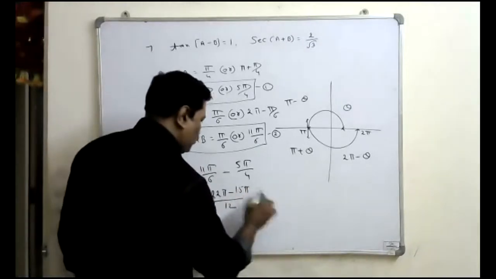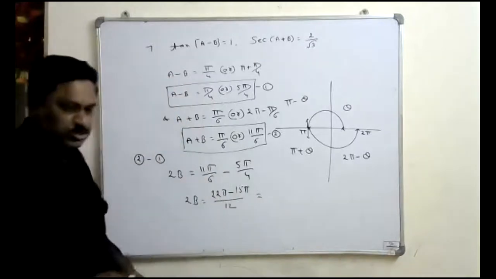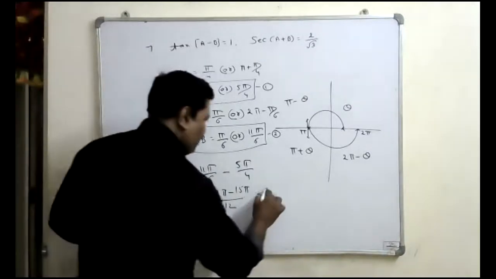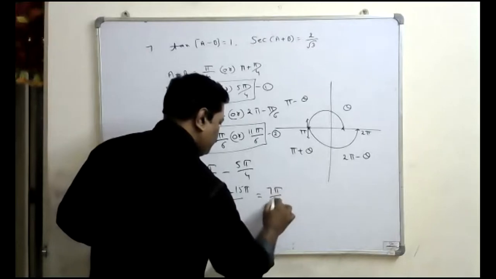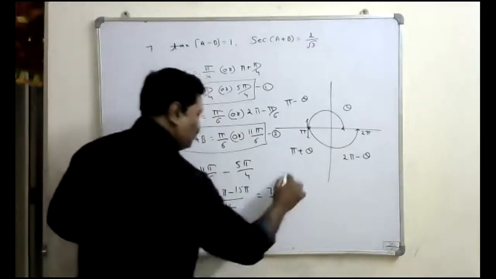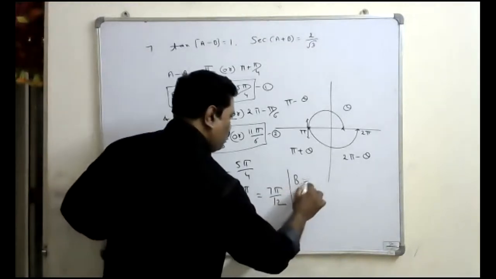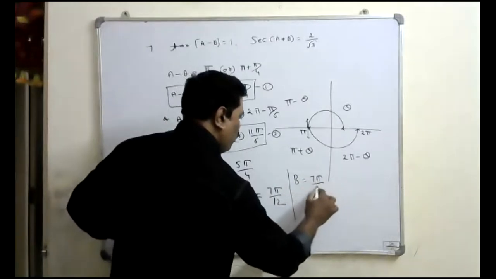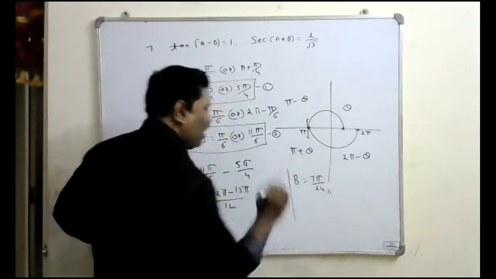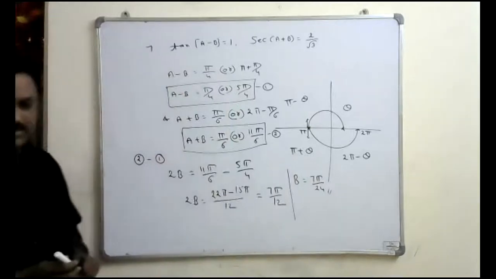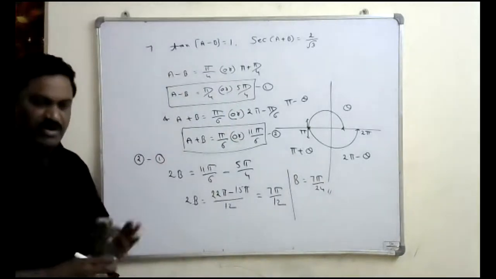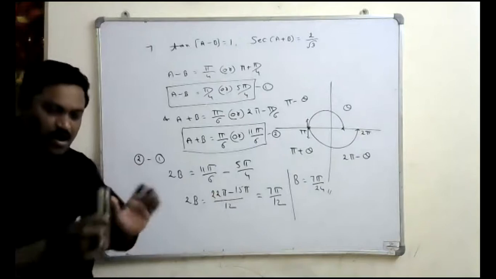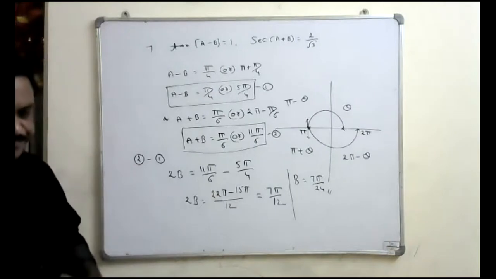That is equal to 22 minus 15, how much? 7. 7 pi by 12. This is the value of 2b. So divided by 2, b is equal to 7 pi by 24. This is the smallest positive value. Understand? So like that we have to evaluate it. You have to look at all the possibilities.